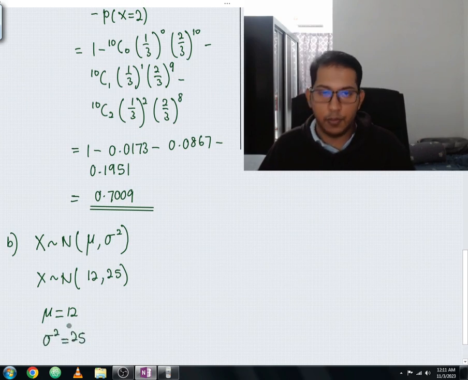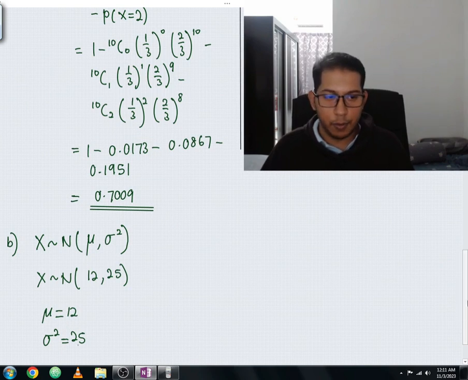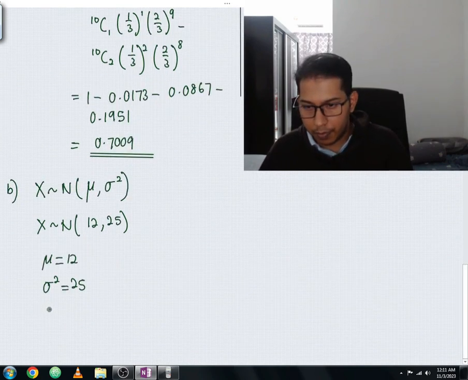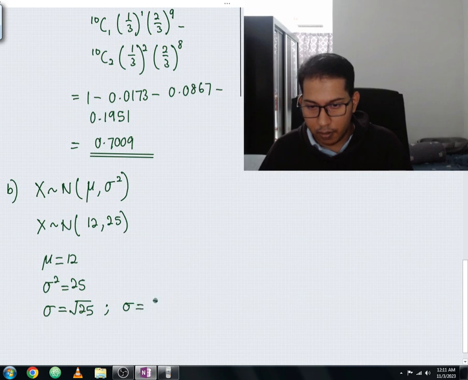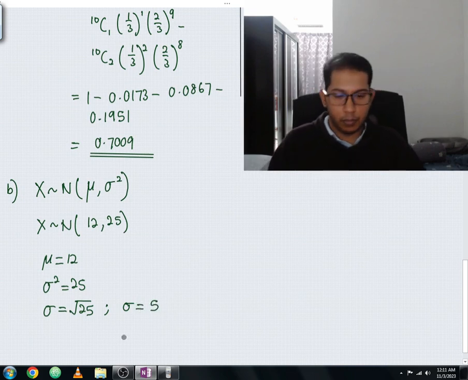To find the standard deviation, you square root the variance. So you get the standard deviation equal to 5.